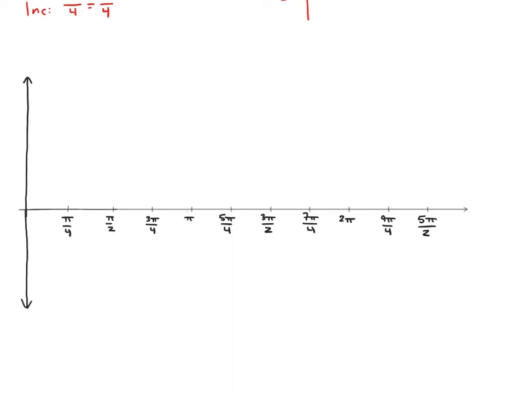So let's go ahead and tick off our y-axis. We know that our line of oscillation is still y equals 0. Our amplitude is still 1. So we'll go from our line of oscillation up 1 unit and down 1 unit. And then we'll put in our values. So our phase shift was pi over 2.